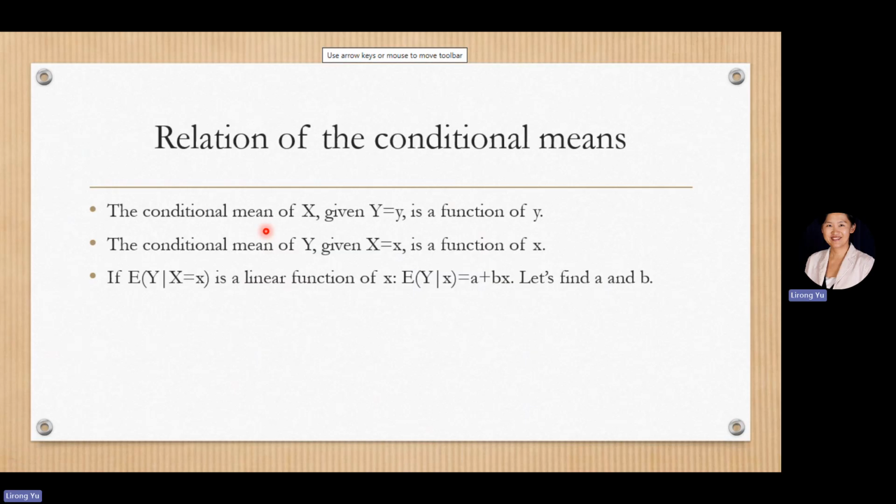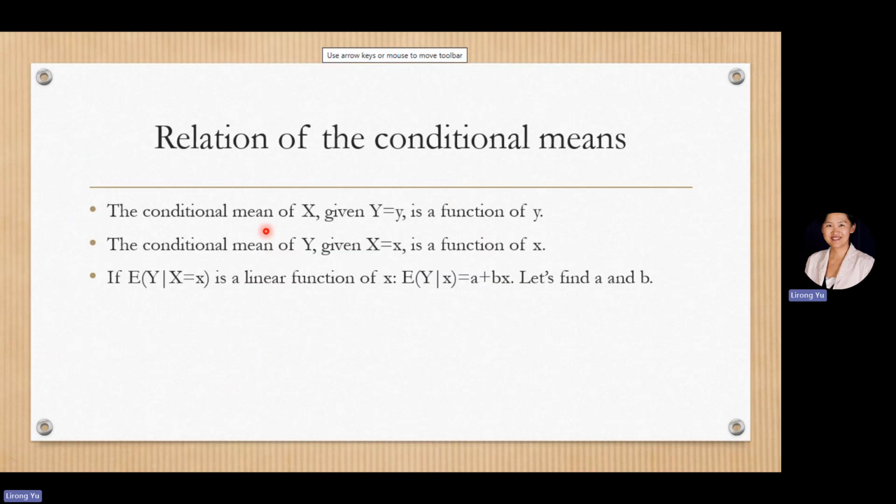So x is averaged out of the problem, but since y is still a variable, this will be a function of y. On the other hand, the conditional mean of y given x will also be a function of x. So sometimes we do wish to know the relation of the two. If the expectation of y given x is a function of x, we might want to find out that function.